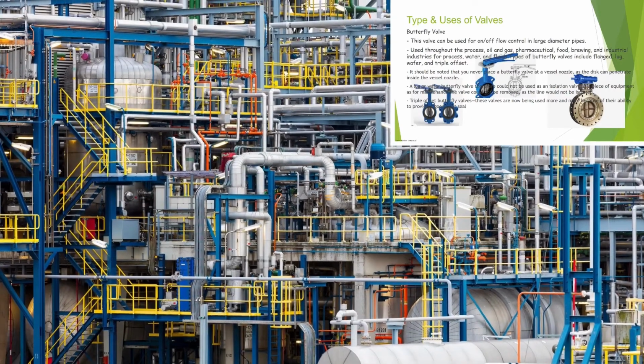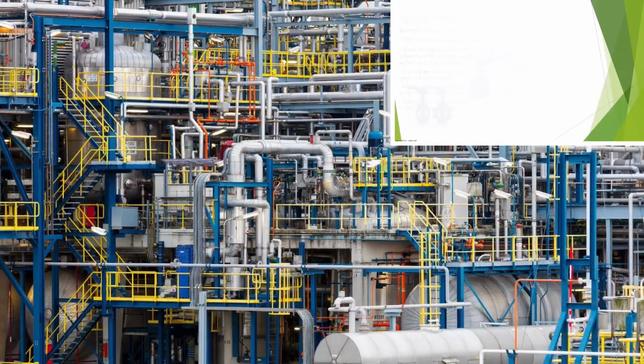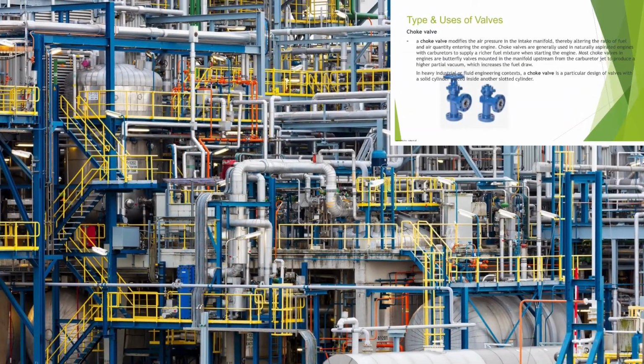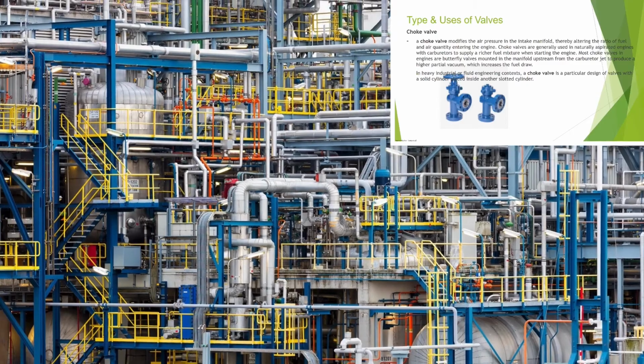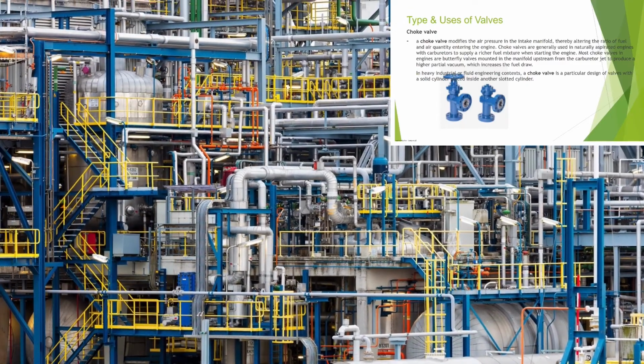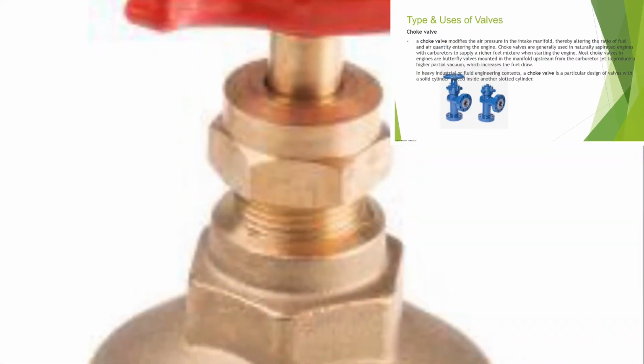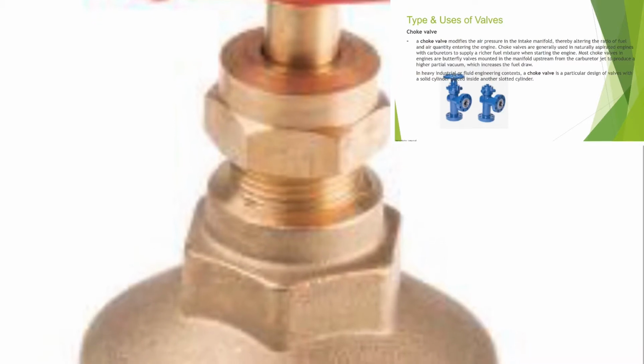The next type of valve is the choke valve. A choke valve modifies the air pressure in the intake manifold, thereby altering the ratio of fuel and air quantity entering the engine.